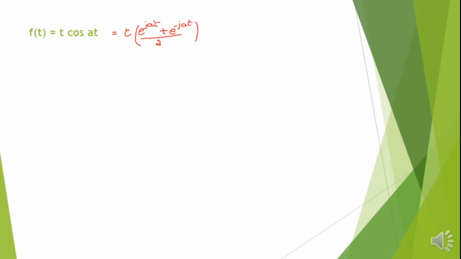So this can be half into e to the power jat into t plus e to the power minus jat into t.